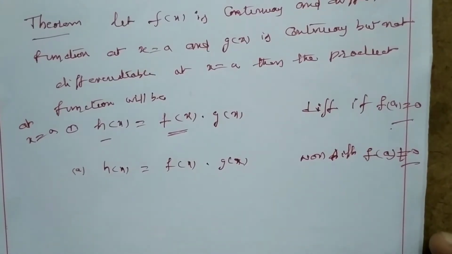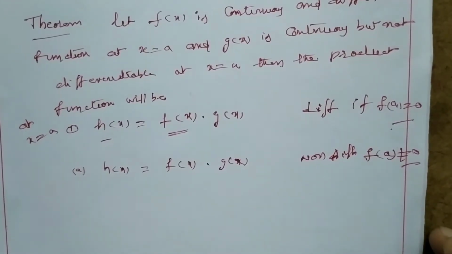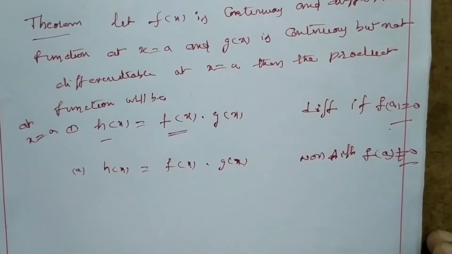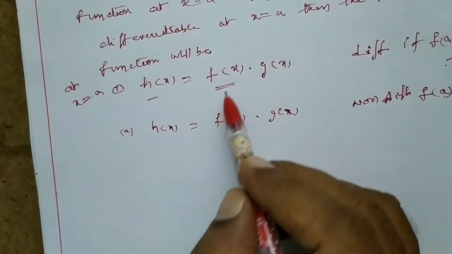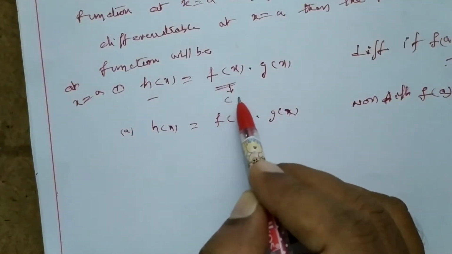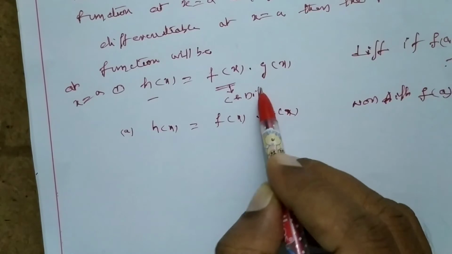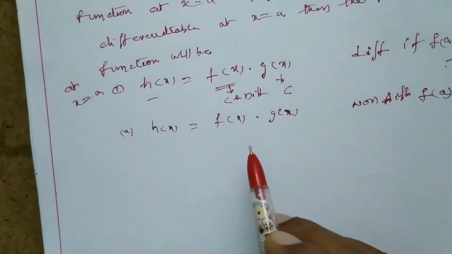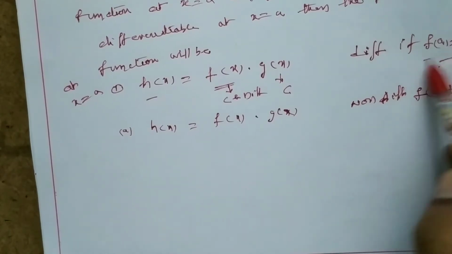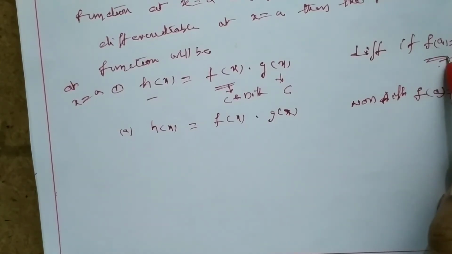What should be satisfied to follow this theorem? f of x must be continuous and differentiable, and g of x only continuous. Then only you can apply this theorem. So case 1: what happens if f of a is equal to 0?